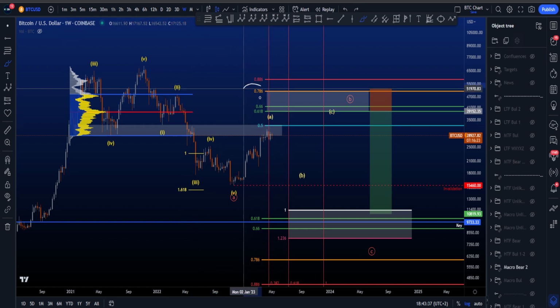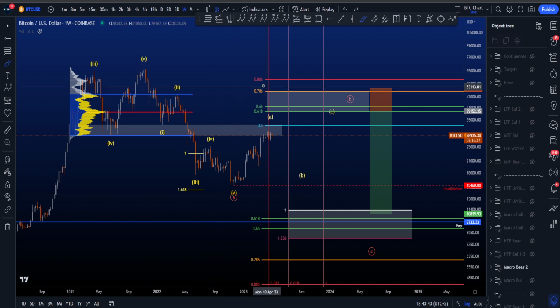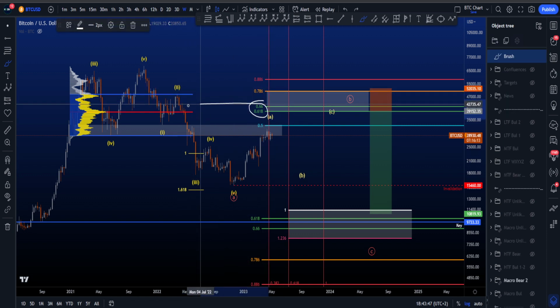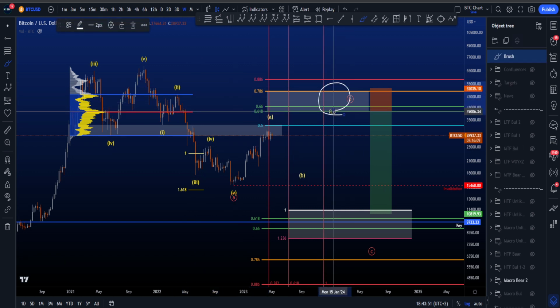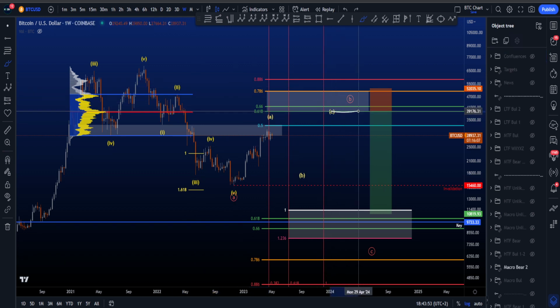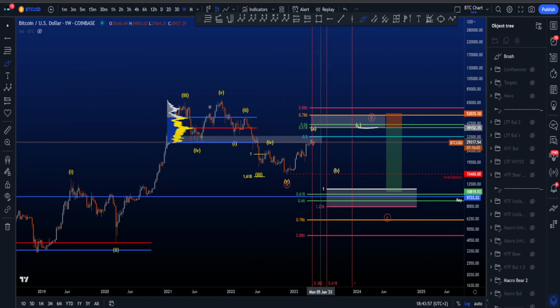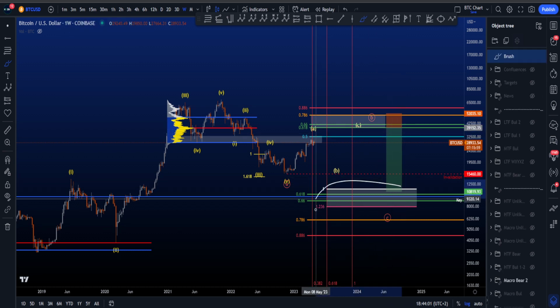And if we then look at the 786, the 786 has confluence with the value area high of this range. So also the 786 has incredible resistance, and the golden pocket has incredible resistance in confluence with each other. So this area is very, very interesting for then a potential short, stop loss somewhere safely above and looking for a swing to the downside, where yes, we have very big resistance, but we also have incredible support here to the downside.